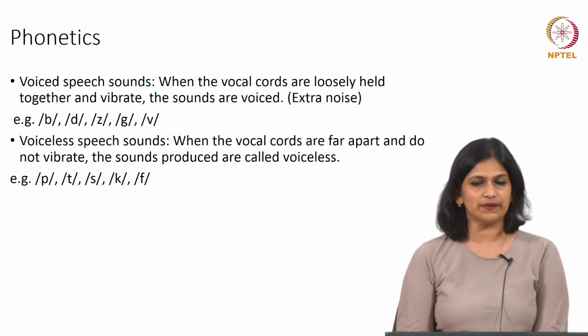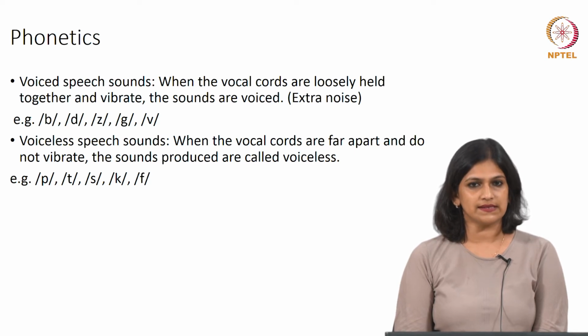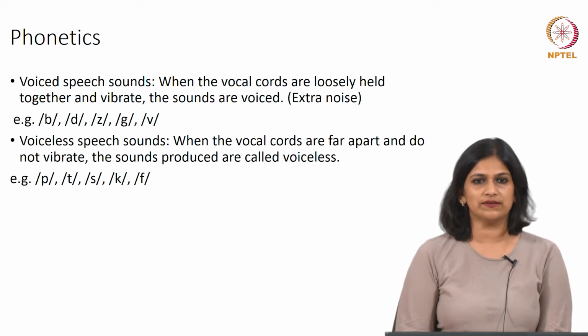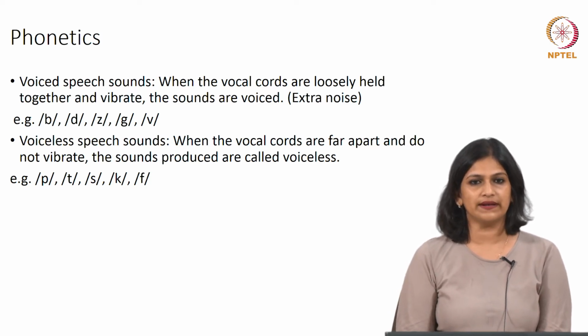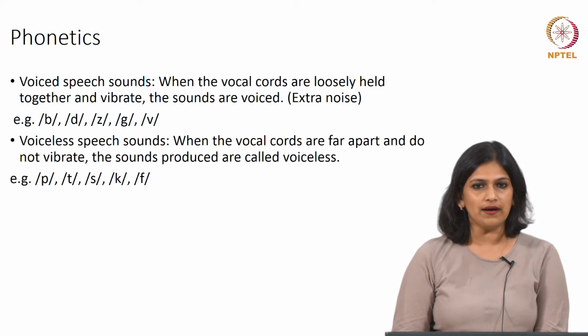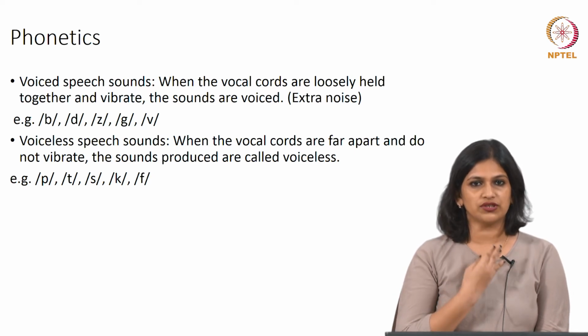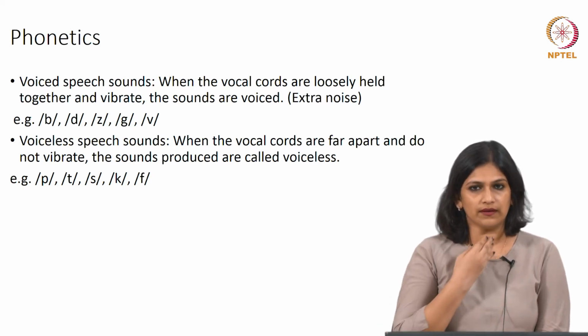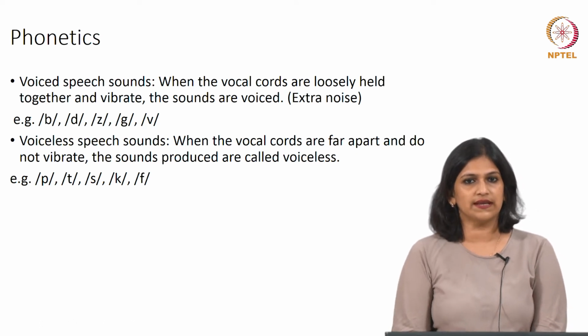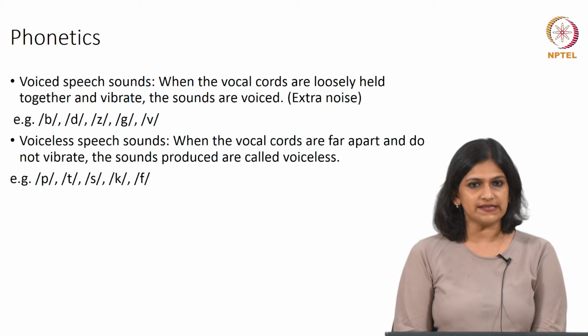And what are the sounds we have? P, T, S, K and F. These are the counterparts. When you say B and compare it with P, you can easily feel that when you utter B, there is a bit more vibration in the vocal cord area, a bit of extra noise. That is why B is voiced and P is voiceless.